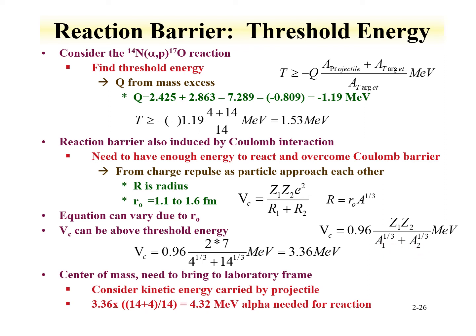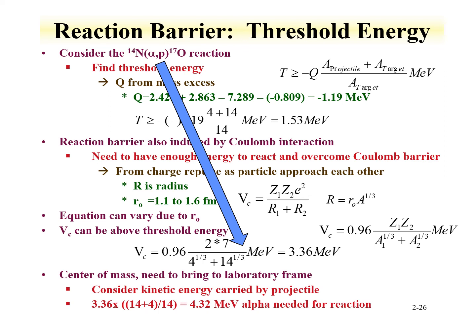Since this term for the Coulomb barrier is based upon R naught, you may see some variations in this equation. The equation that's listed here, that we're going to put our terms into, is used for an R naught of 1.5 femtometers. So we can take this term, put in the terms coming from our Rutherford reaction, where we get the Z's and the A's, and we see that the Coulomb barrier is equal to 3.36 MeV.